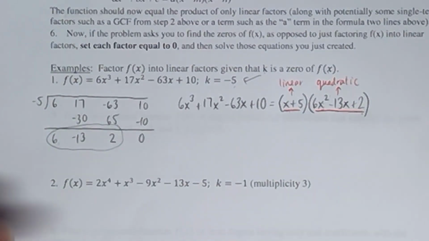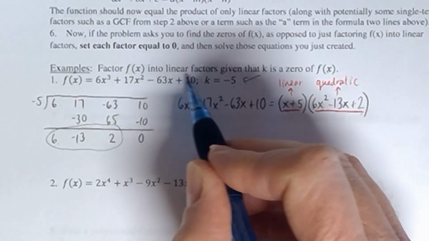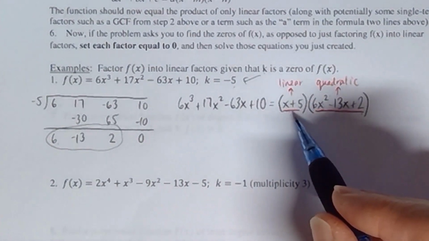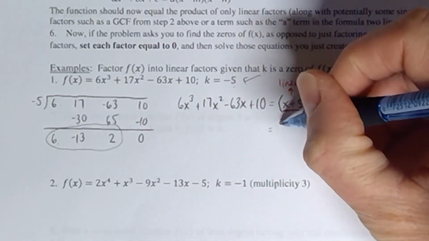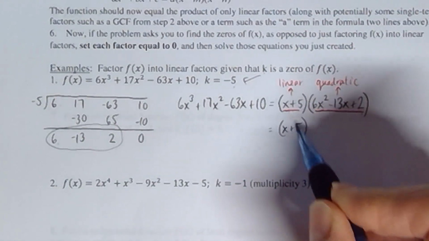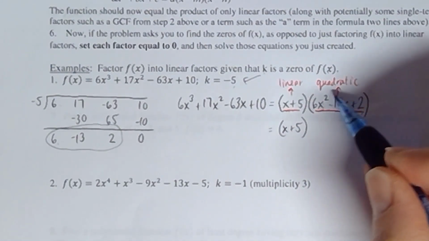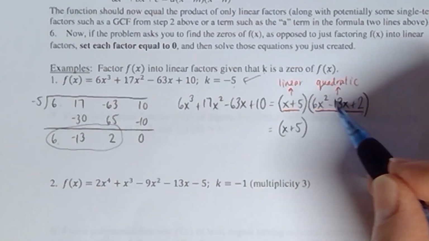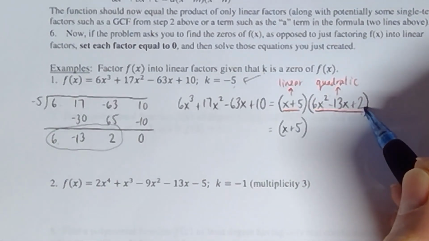All right, so when this happens, remember, we want it to all be linear factors, right? Well, we got one linear factor, so it would be natural then, since we already got one linear factor, we want to leave that one alone. That's what we want it to be, leave it alone. But we want to take this one now and transform this into linear factors.